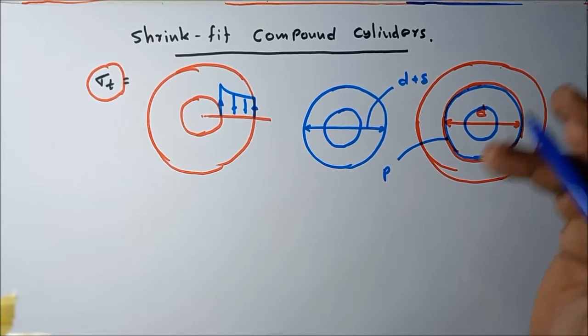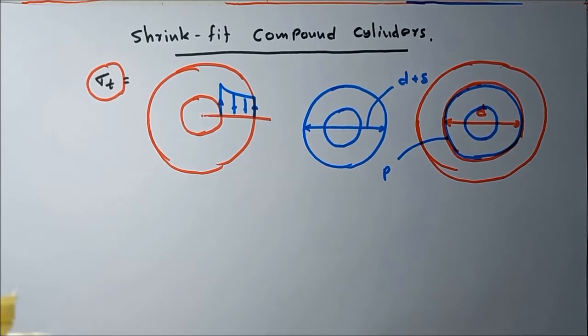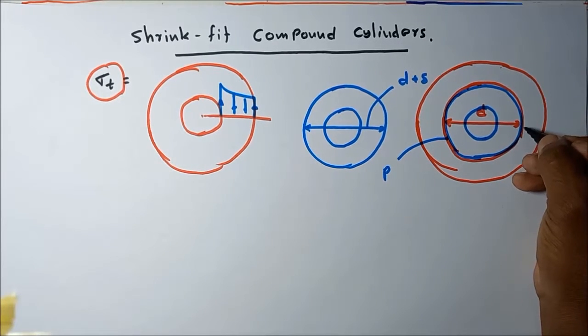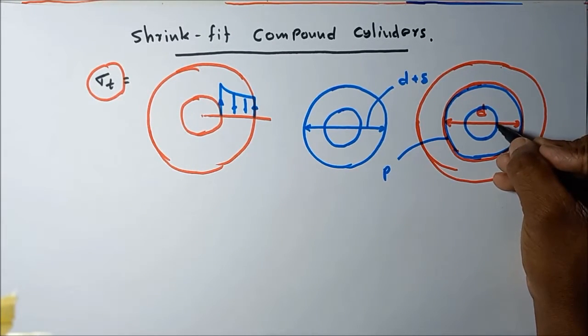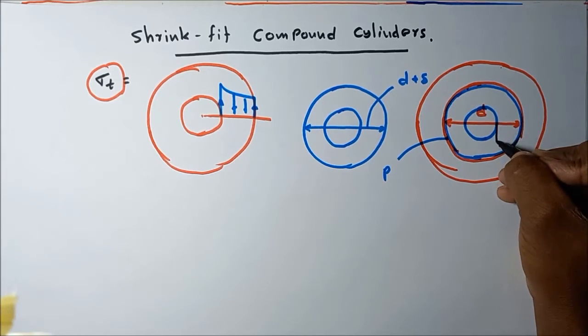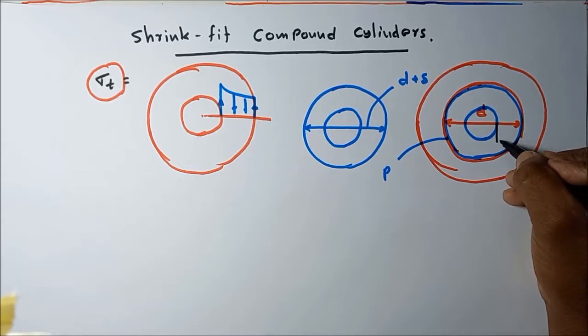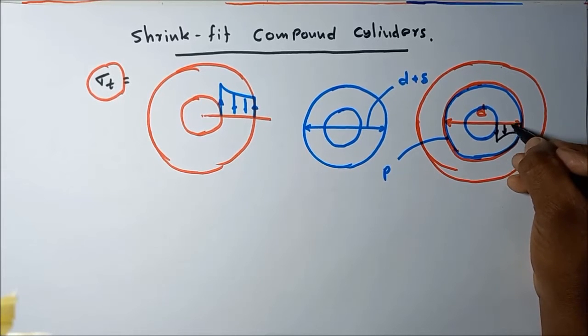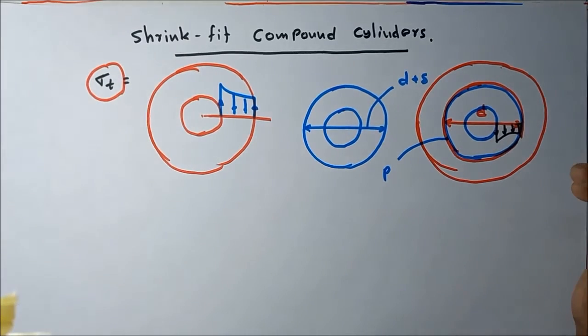The developed stresses because of this mating surface pressure: a negative tangential stress develops at the inner surface of the internal cylinder, like this.